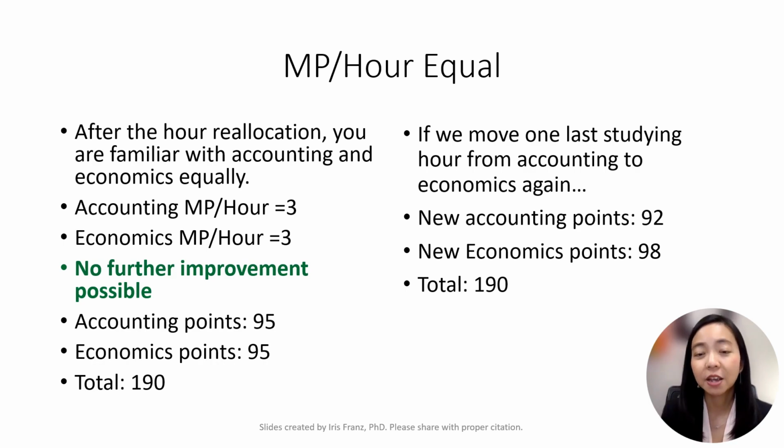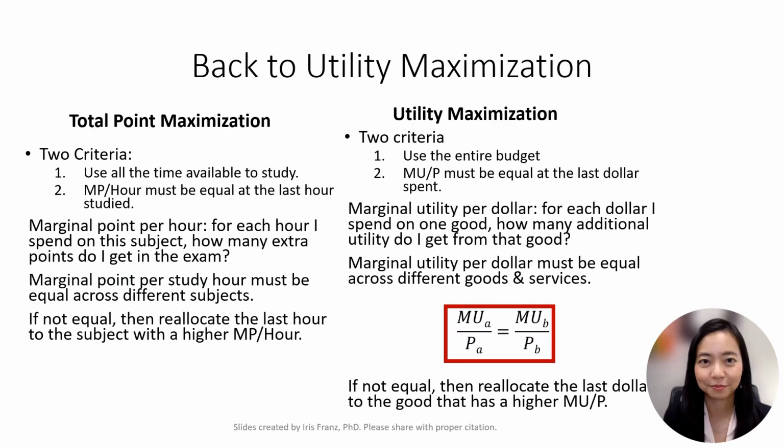As a result, your new marginal point per studying hour is equal for accounting and economics. Suppose your new marginal point per studying hour is equal to 3 points for both accounting and economics. At this point, if you shift another hour from accounting to economics, it is not going to improve your total points. You can try to verify this yourself.